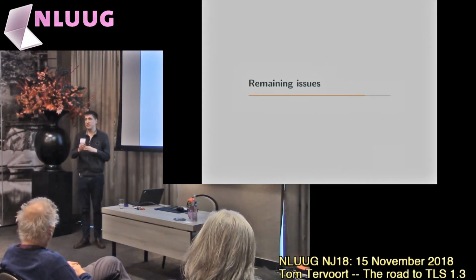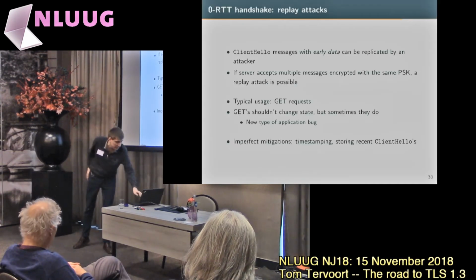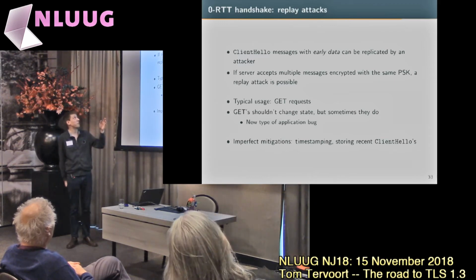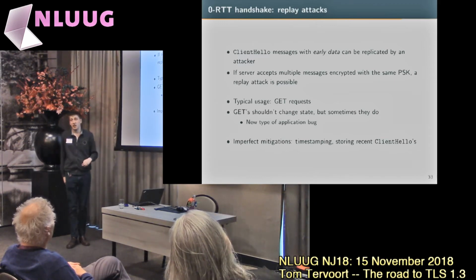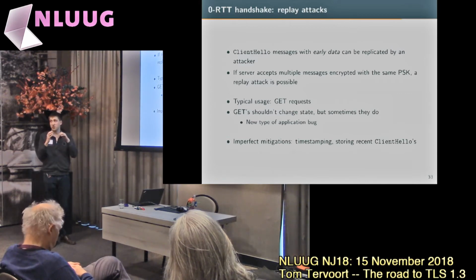And that immediately leads into the issues that are still not fixed or that are now introduced. Because when you use a zero round-trip handshake, you create a problem of replay attacks. When you have a client hello message that contains early data, you haven't done the whole exchange yet, so you don't really have any replay protection yet.